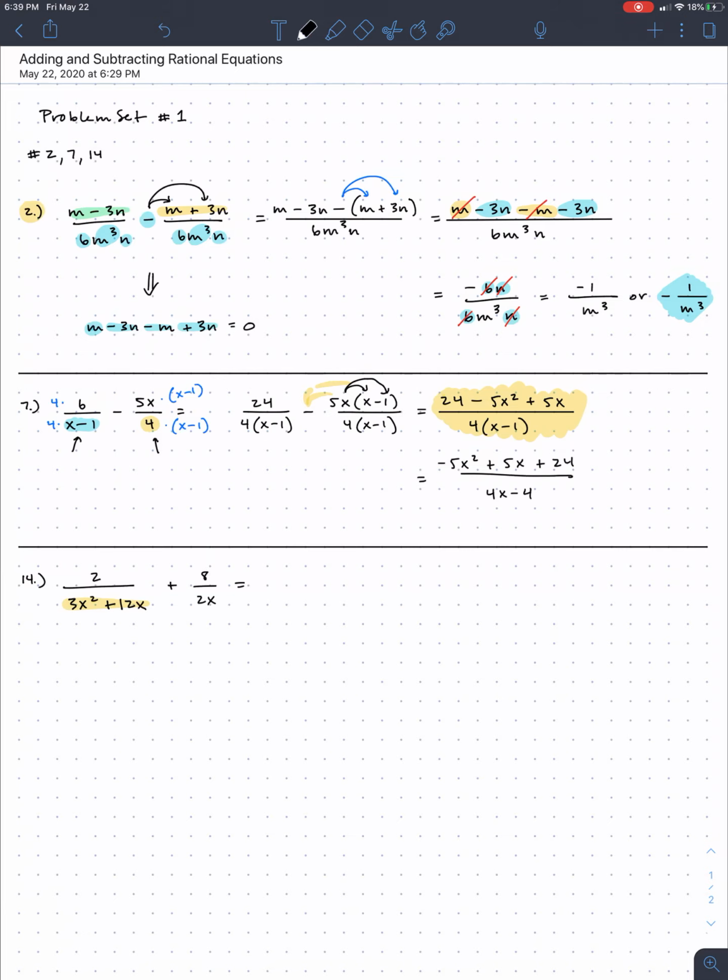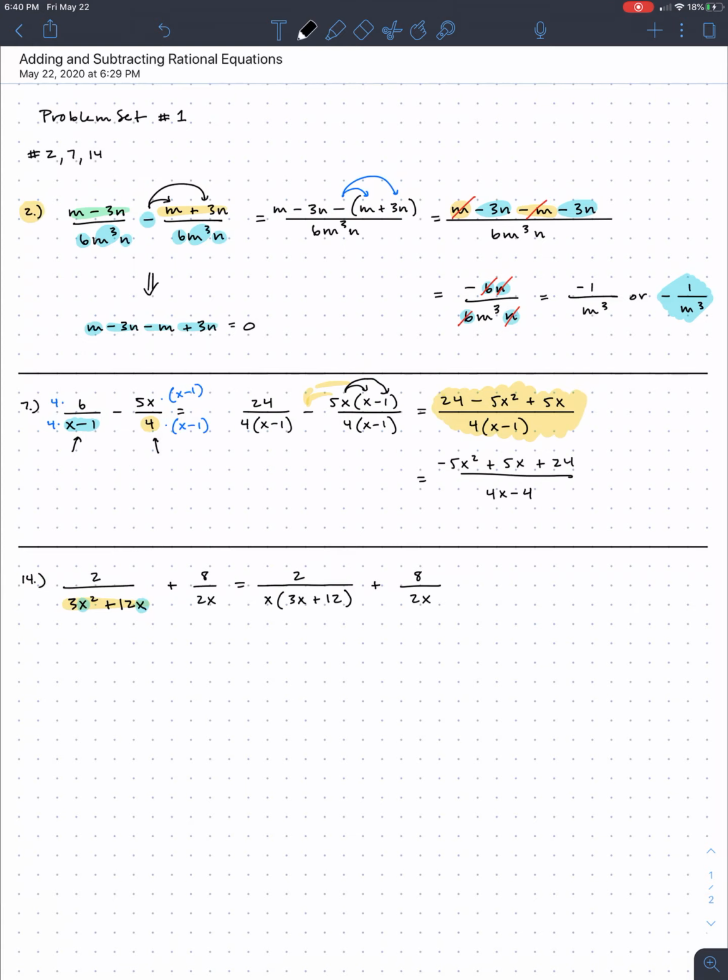All right, and what I notice is that on the left side, both of these terms actually have an x in common. And when I have a term that's in common in that expression, I can factor that term out. So I'm going to rewrite this as 2 over x times 3x plus 12, and that is plus 8 over 2x.